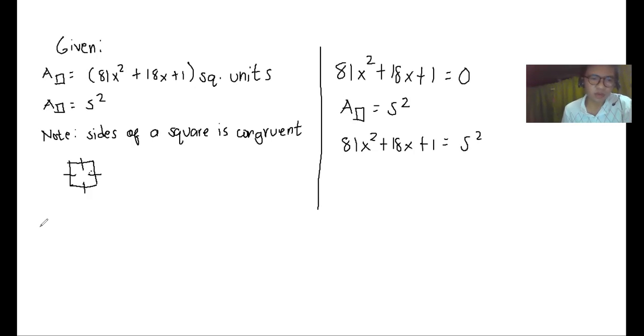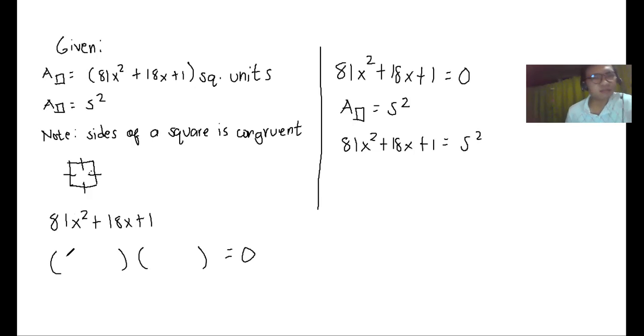Right? So we need to factor 81x squared plus 18x plus 1. Actually, this one is a perfect square trinomial. So for 81x squared, we can use 9x times 9x. We can notice that our last term is 1 and our middle term is positive 18. Since all of it is positive, we can say that this is 1.